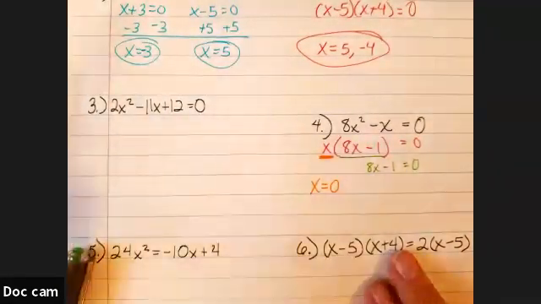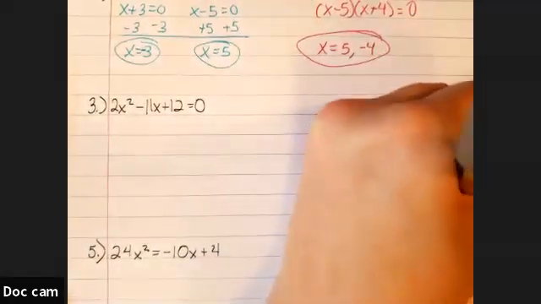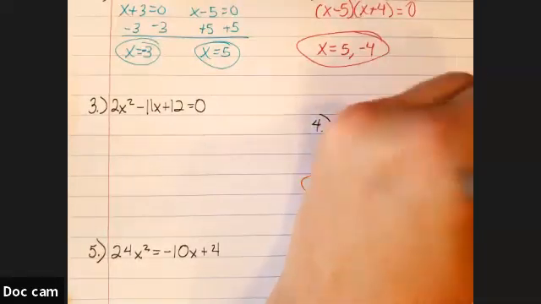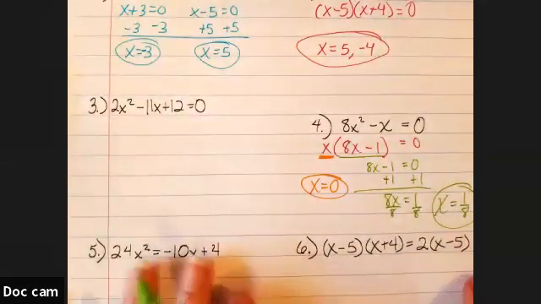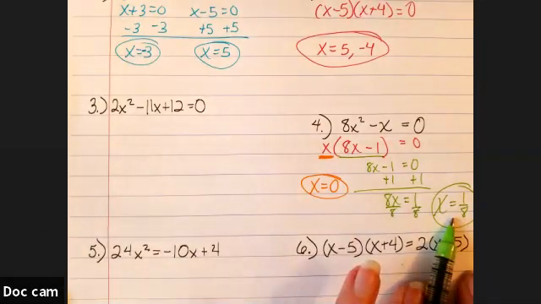Then you solve that for x. You add 1 to both sides, you get 8x equals 1, and then divide both sides by 8. So that gives you x is equal to 1/8. So your two answers there are x equals 0 and x equals 1/8.